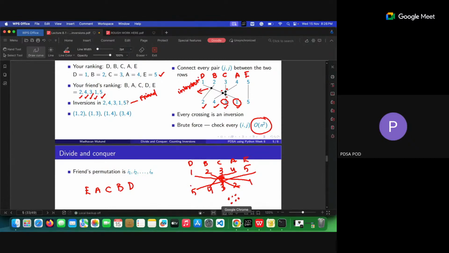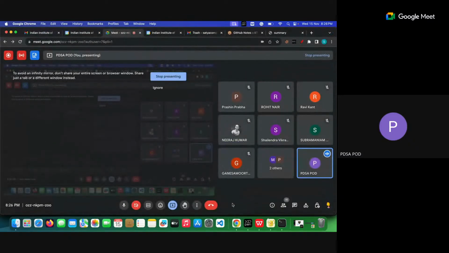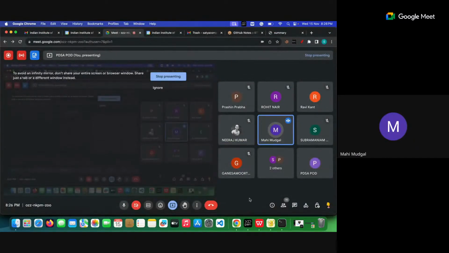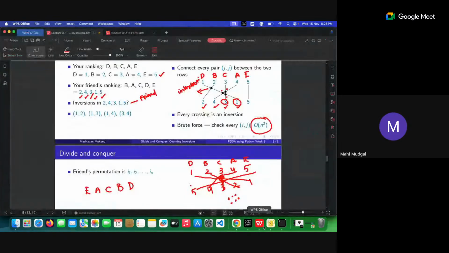Somebody raised a hand. Sir, I have a doubt. We are comparing each and every element, for one element with every other, so it is n into n minus 1 by 2.